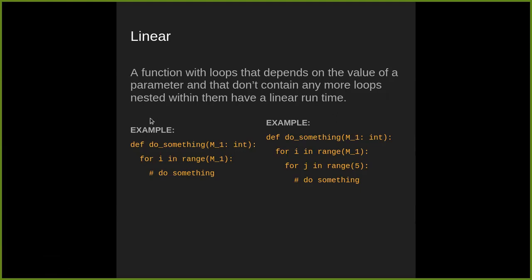In the second example, we call the function do something again, and this time it contains a nested for loop that only runs 5 times, and it's still a linear runtime because every line within the first for loop will only be run 5 times m1, so it only depends on the parameter m1.